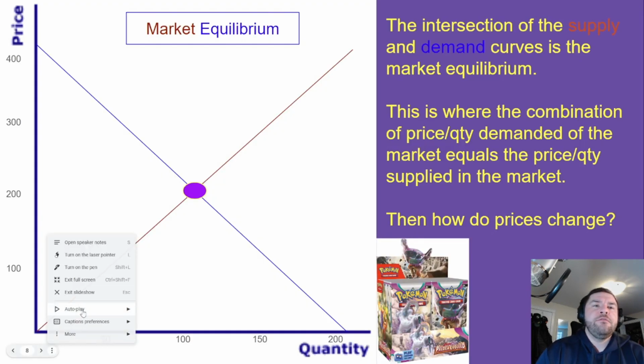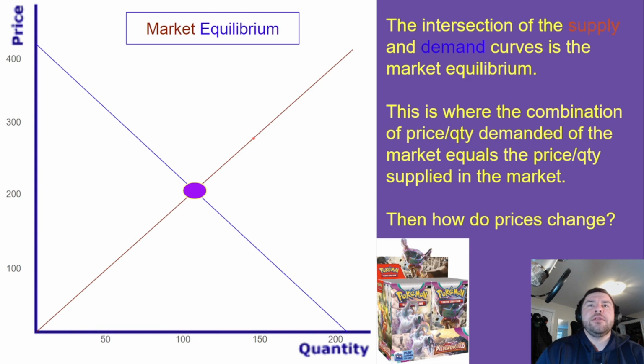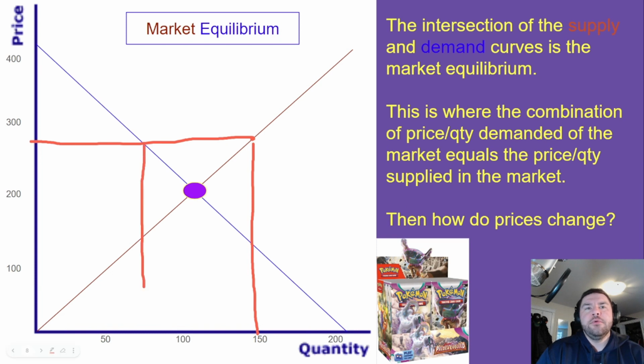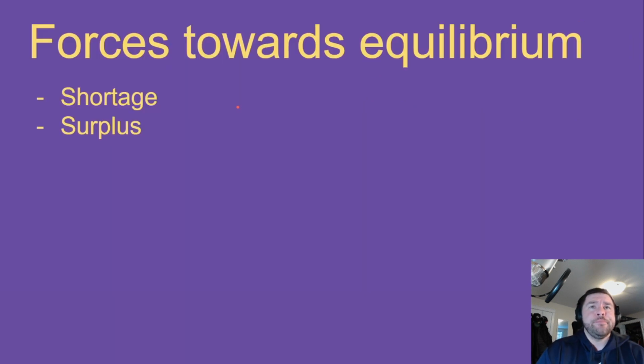But what if suppliers had 150 boxes listed at 275 bucks? At that price, what's demanded? Closer to 75 boxes, right? About half as much. So how does price change in that? How do we get equilibrium if everything's listed at this price, but the demand doesn't match that?